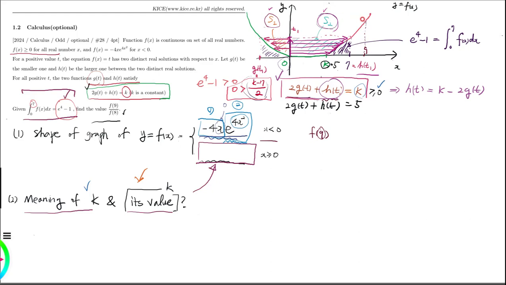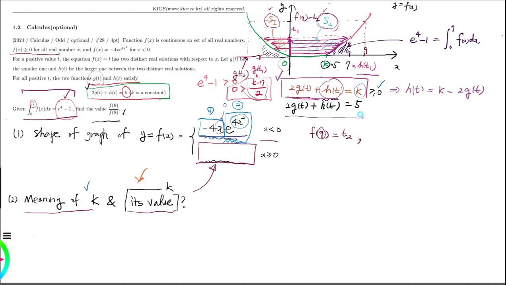And let me say this value, f of 9, is t2. And then it has a negative solution here, g of t2.